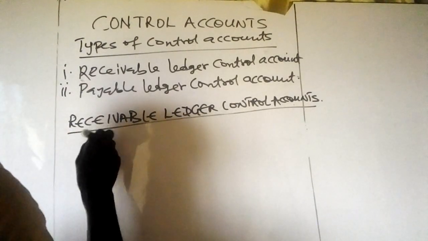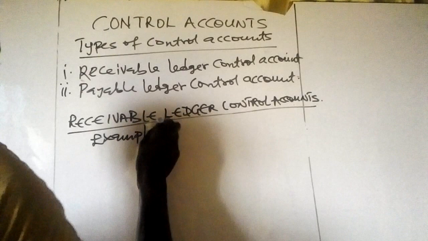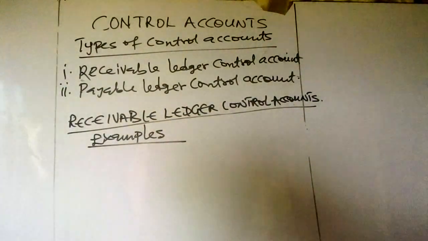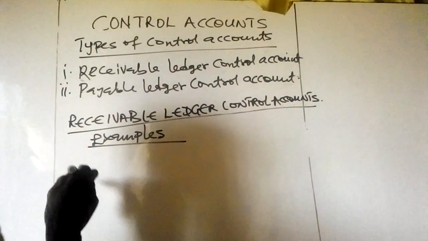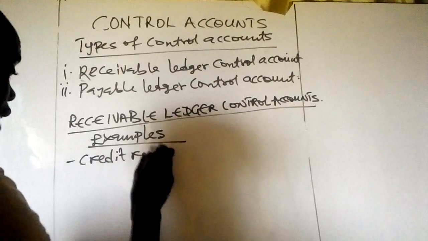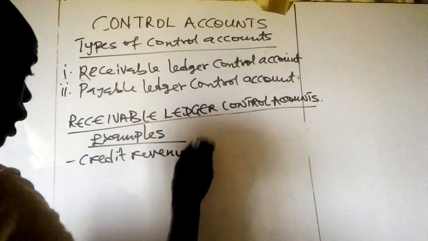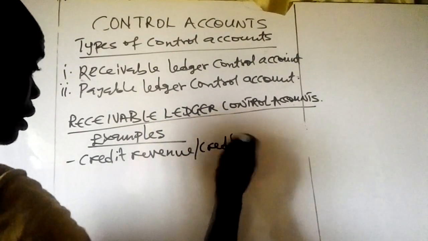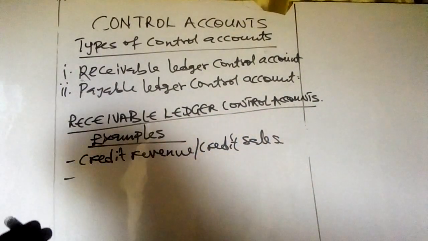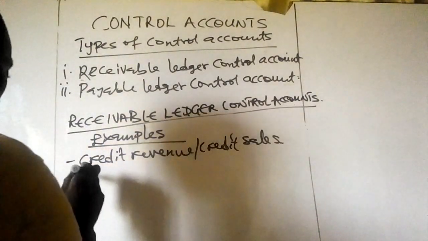Examples of those transactions that will be recorded in the receivable ledger control account are: number one, we have credit revenue or credit sales. Number two, we have cash or check received from customers.